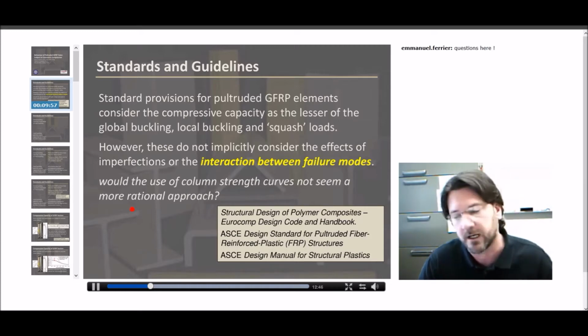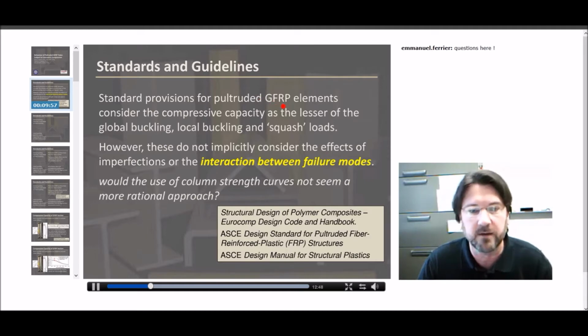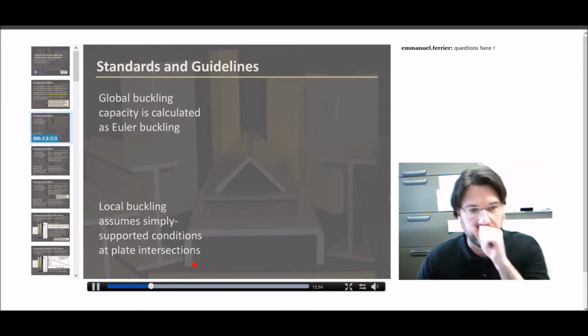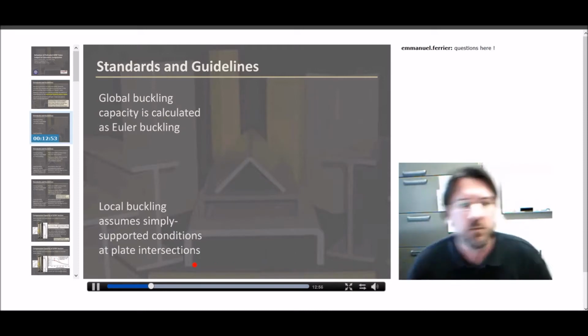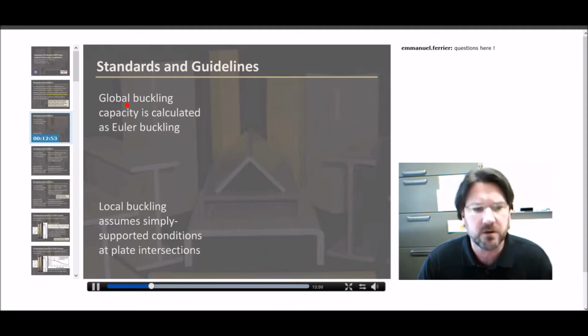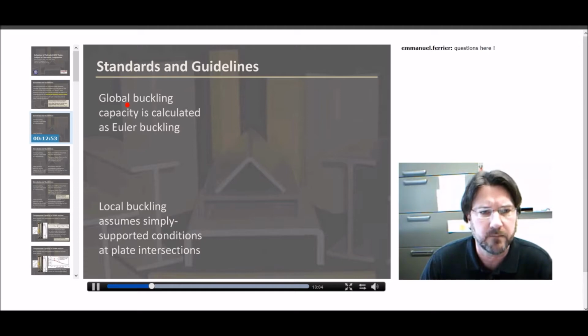When I'm talking about FRP, I should clarify, we're talking about glass fiber reinforced pultruded members only. We're looking at a couple of issues here. Squash loads are very easy to calculate, and they're really not that much different. Then there is global buckling, which is essentially calculated as the Euler buckling load, and local buckling.